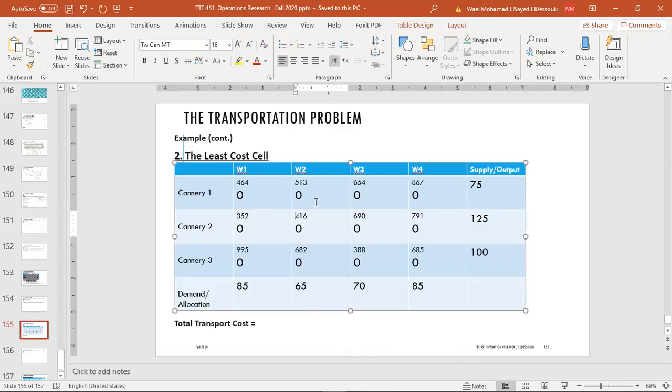I think this one is going to be the cell with the least cost. Okay, correct. Let's call it 1. What is the next cell? 388. That's the next cell.